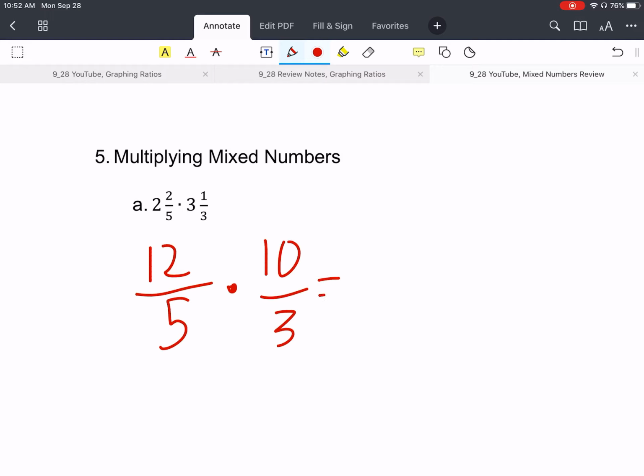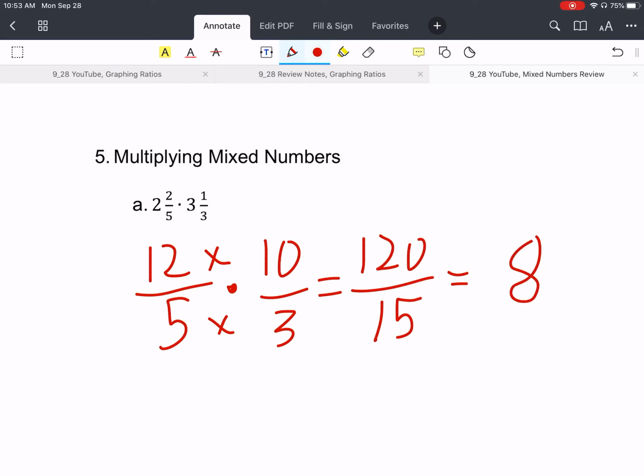And that's going to get us 120 over 15. Because remember, when we're multiplying fractions, we're just multiplying the two numerators and multiplying the two denominators. This can simplify into a mixed number, but actually in this case, it's just going to simplify to 8.